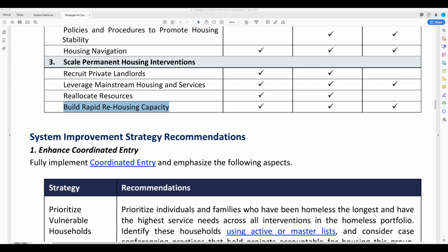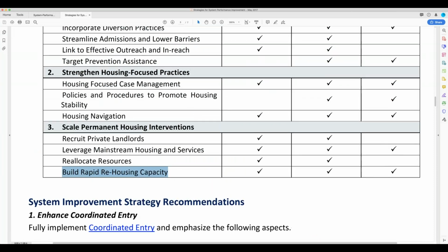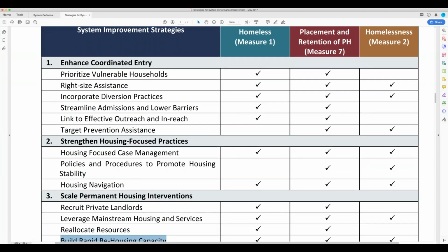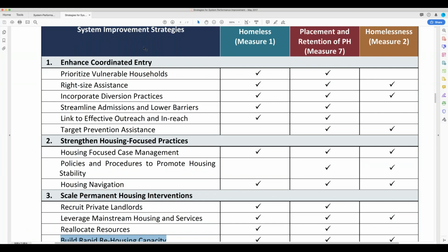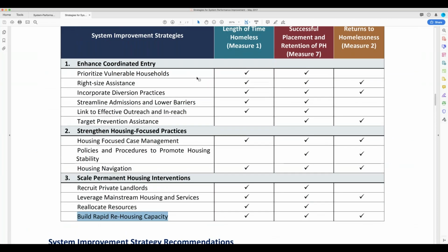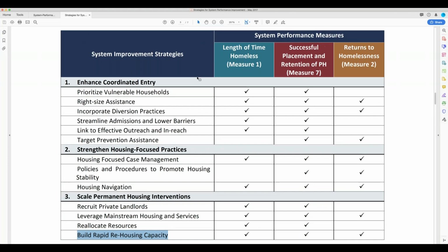So these are critical pieces that, as HUD sees it, produce better outcomes in our system. And I hope that there are some useful ideas for you to consider. And I'm just going to make sure that everybody can see every single part of this chart while it's up here.